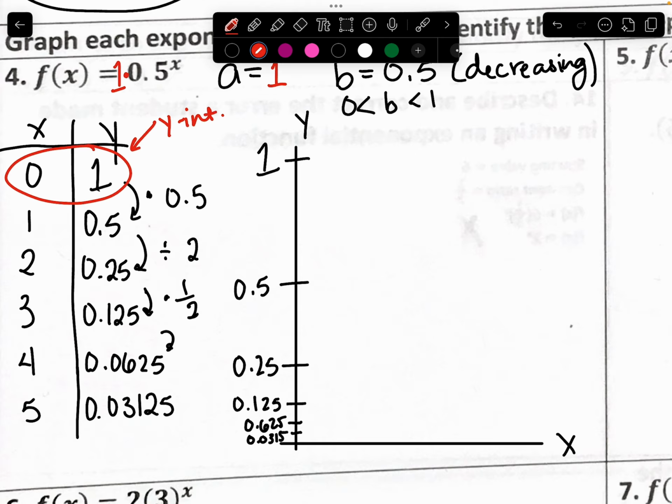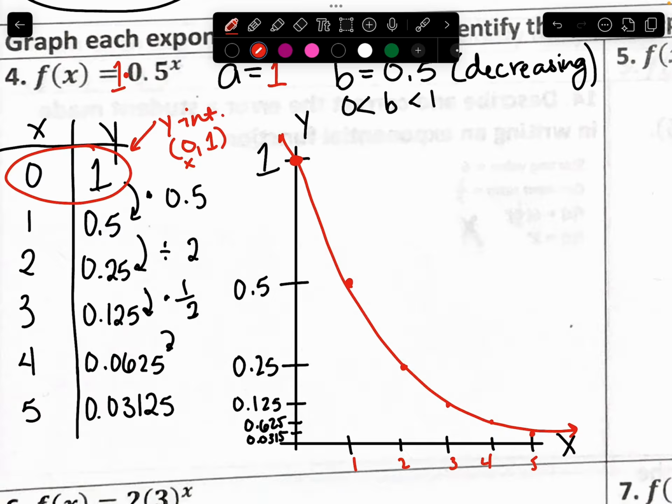This is my y-intercept because x equals 0. So we start there. Whoops, I forgot my y. My x values are 1, 2, 3, 4, 5. It's going to gradually get smaller, and then it will actually rapidly get smaller.